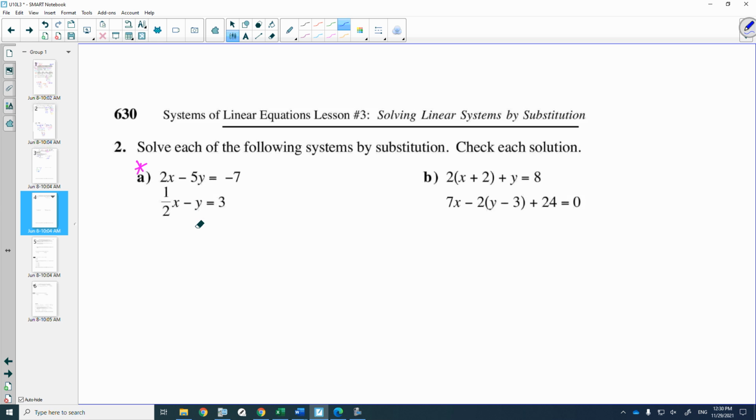Okay, do you see which system it is? Which is the easier one to deal with? Which is the easier one? Maria, which one? Number 2. Okay, so it's this guy here.